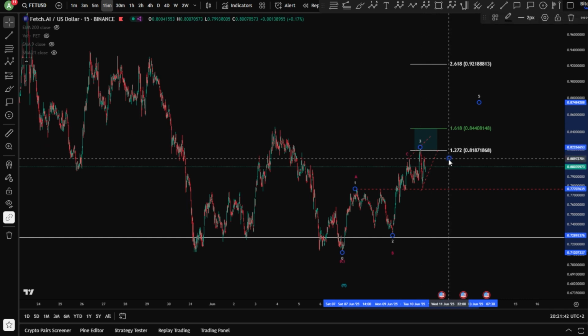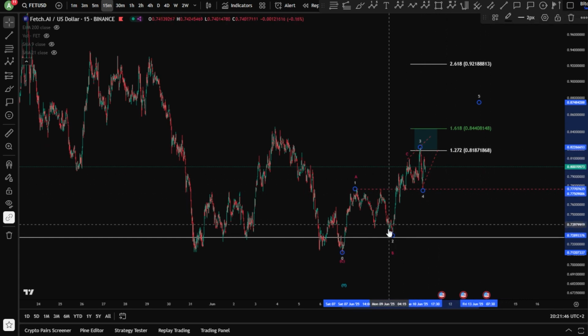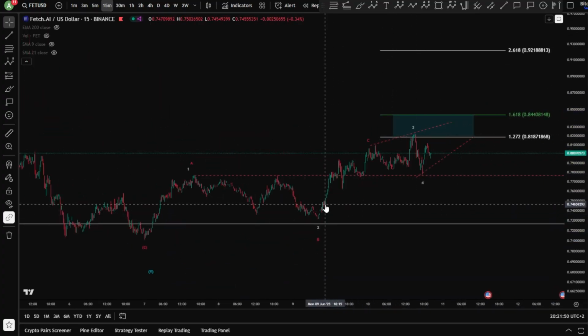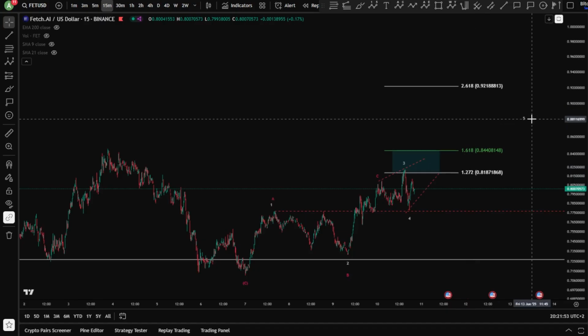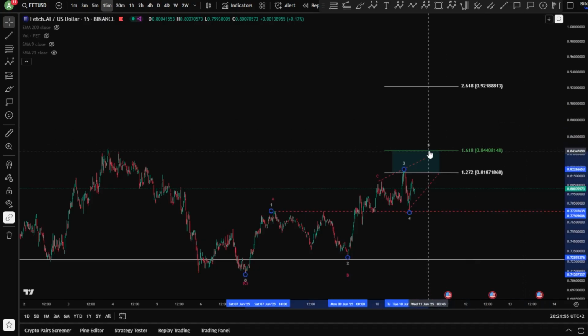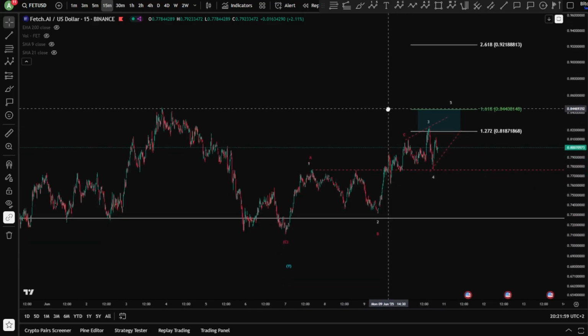Maybe the wave 3 is already finished there, and you have already finished a wave 4, since your wave 2 is also very choppy, or very small in time. Meaning this wave 5 can still unfold maybe as an ending diagonal or as an impulse for higher prices.